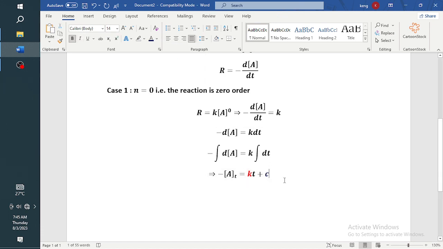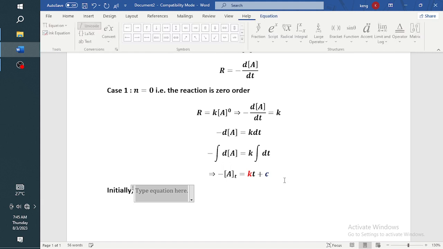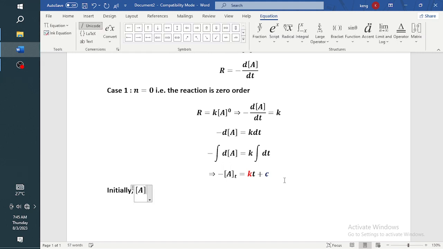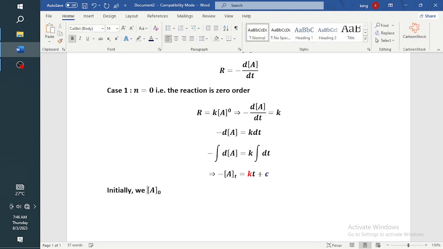So you're always going to be given initial conditions to be able to find the rate constant and the constant of integration. For example, I will tell you that initially the concentration of the reactant is equal to A0. So initially we have that the concentration of the reactant at t equal to 0 is equal to this.